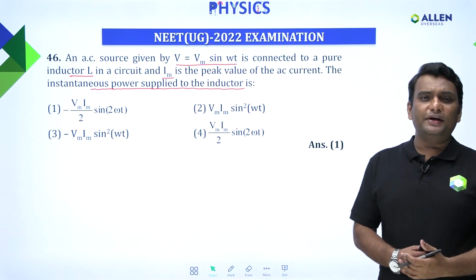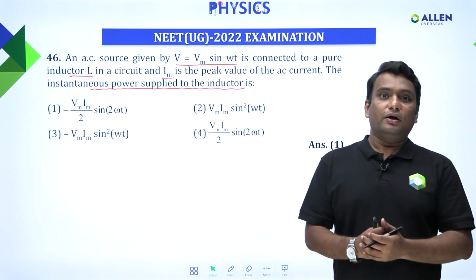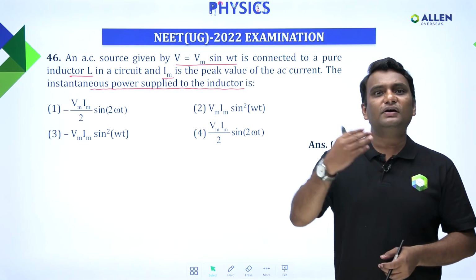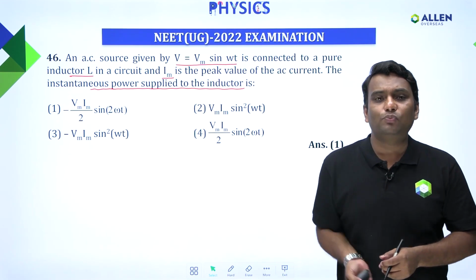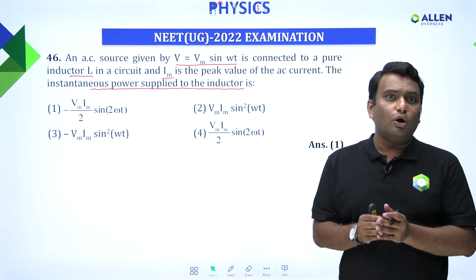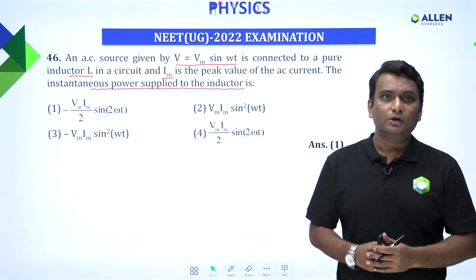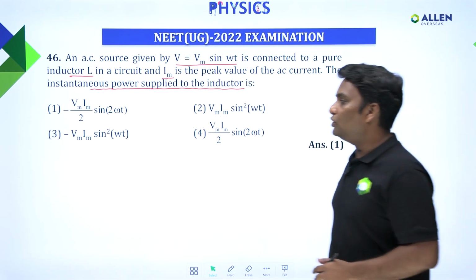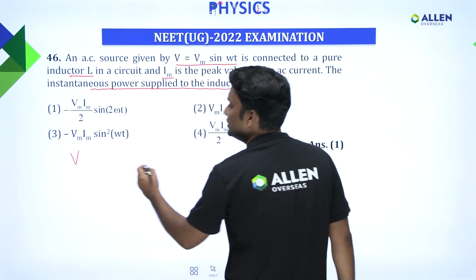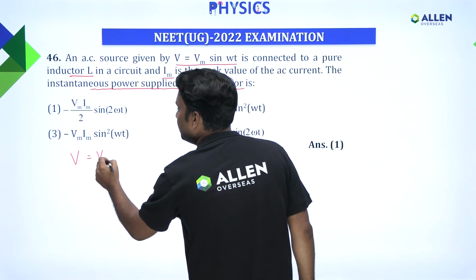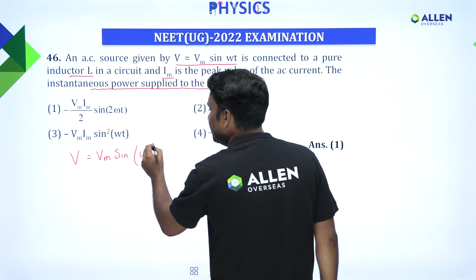Okay. So here, first of all, before going into the details of this question, we should recollect the fact that whenever an inductor is there in front of AC current and AC voltage, in case of an inductor, the current is always going to lag behind the voltage. So according to the question, the alternating voltage being given to us is Vm sine omega t.